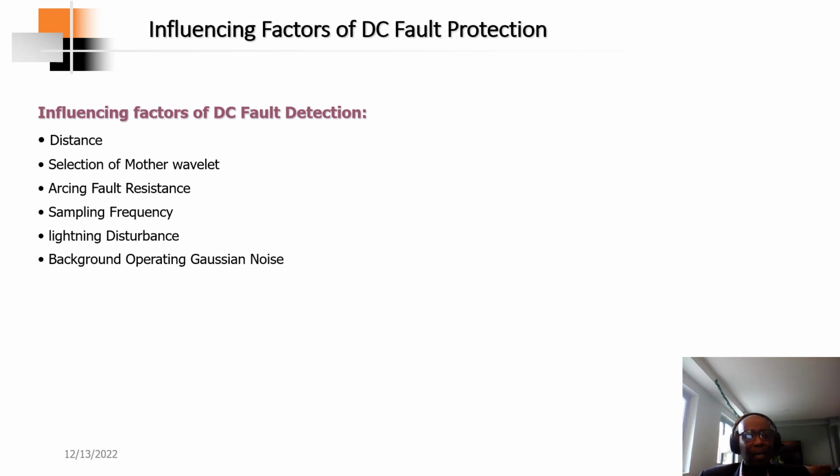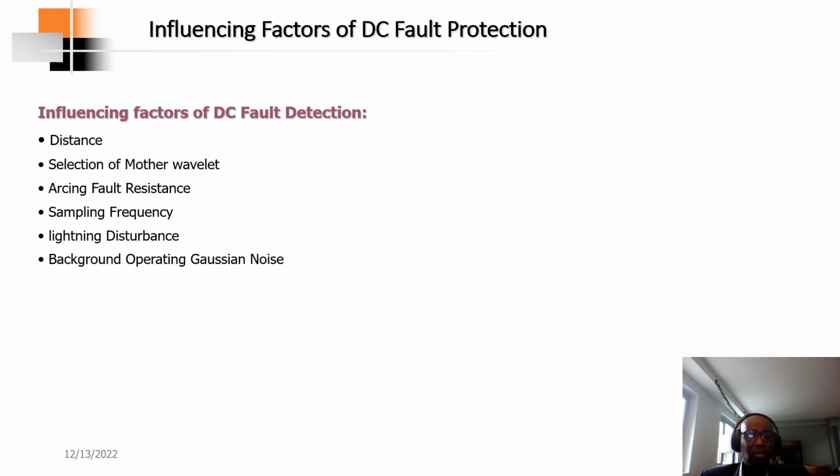Now let's talk about background operating Gaussian noise. Within an HVDC substation or any other substation, there's an operating background noise. As a matter of fact, if the substation is located close to an industrial facility, the background noise becomes even higher.